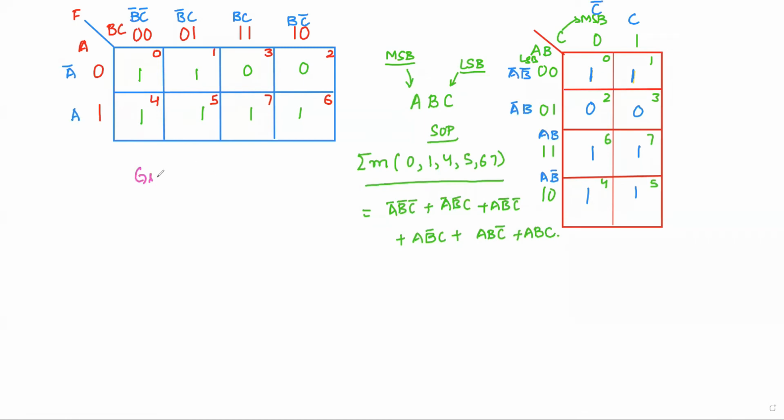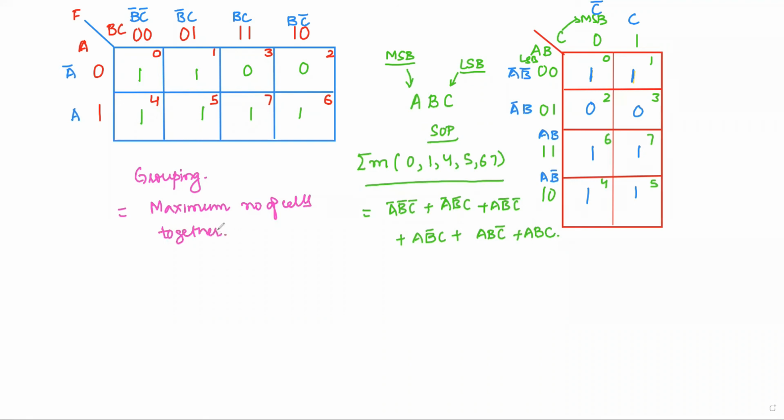To go for grouping. So, what is the basis of grouping that I'm going to discuss now in K-map? So, first thing you look for is the maximum number of cells together.